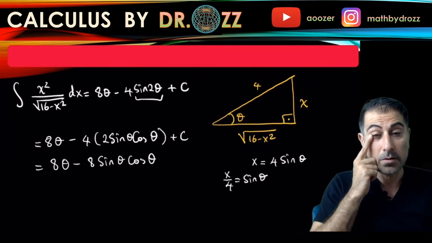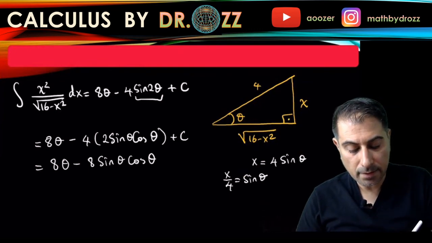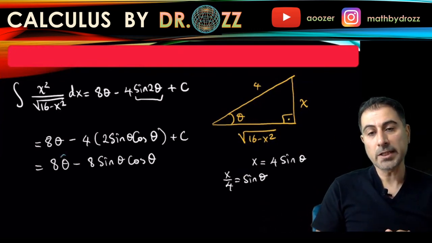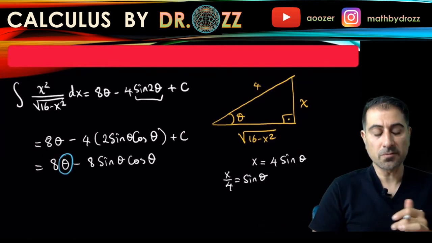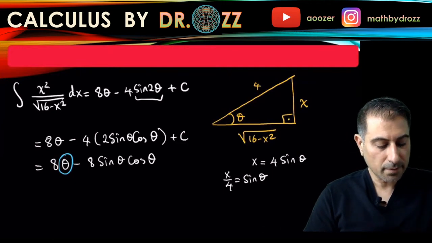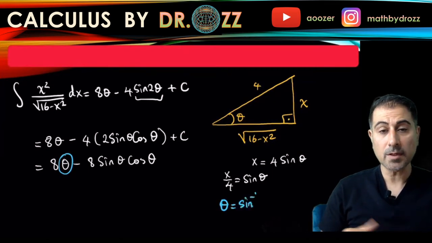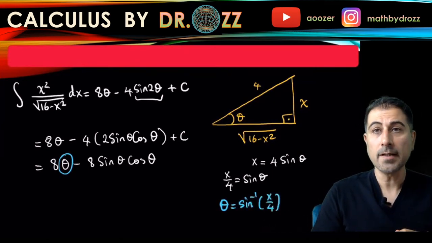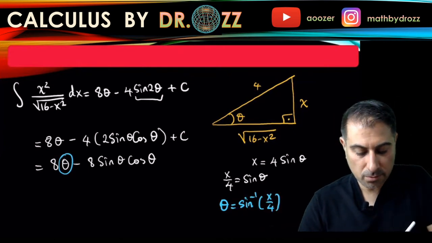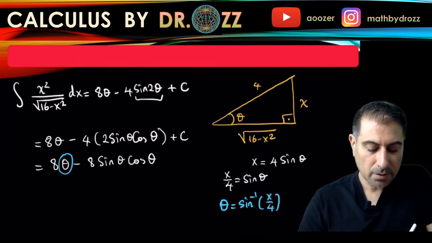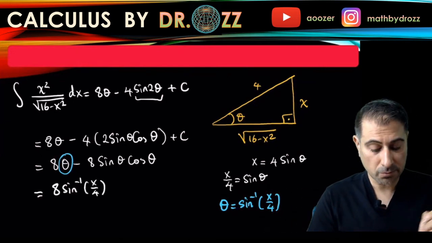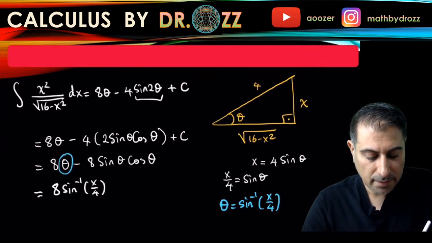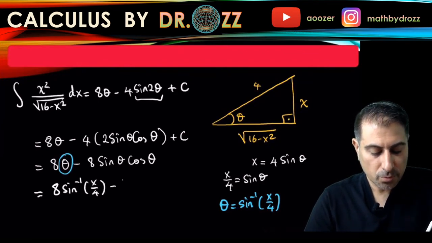Okay? So here I need the exact expression of theta, and that's where we rely on the inverse trig functions. So if sine theta equals x over 4, then I can grab theta as sine inverse of x over 4, or in other words, arc sine x over 4. Keeping that in mind, let's do the final conversion here. 8 times sine inverse x over 4, or arc sine x over 4, whichever notation you want, minus 8 times sine theta, which is already x over 4, right?